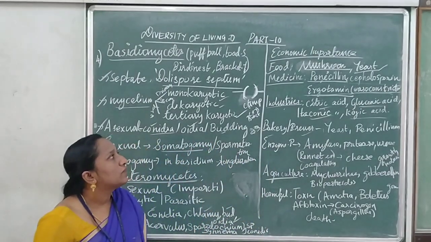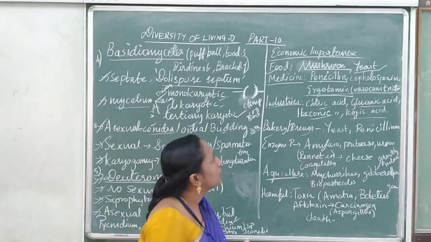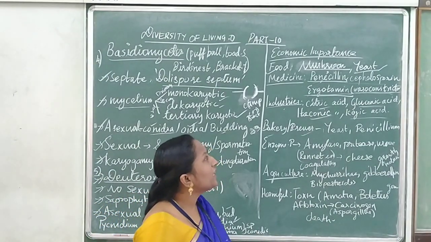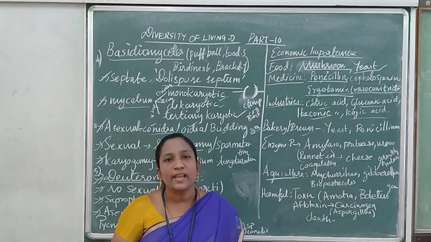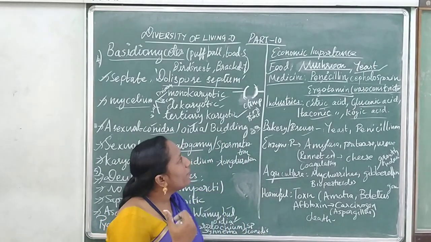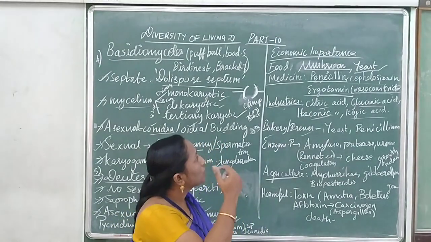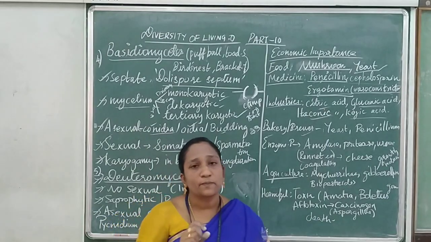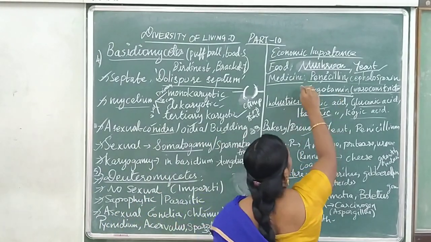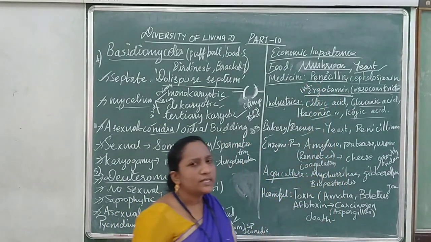So in economic importance, we learned about food: fungi are used as food, providing nutrition, minerals, protein, vitamins, everything. In medicine, it is used as an antibiotic, and especially ergotamine is special. Underline this ergotamine and put 1 mark, which is an important question. What is ergotamine?